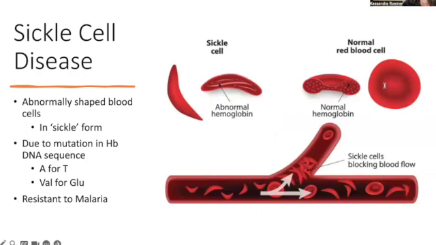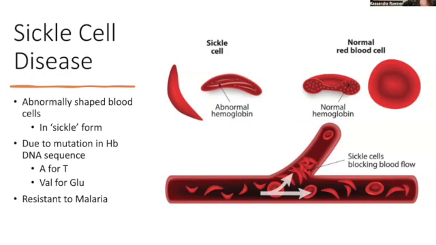All right, and one last thing when it comes to hemoglobin and red blood cells. I'm sure everyone has heard of sickle cell disease, which is an abnormally shaped blood cell. It causes this sickle form right here. This is due to a mutation in the globin chain in our DNA.